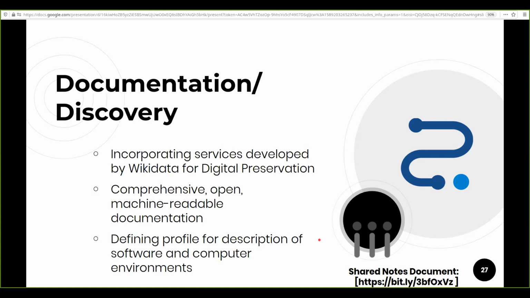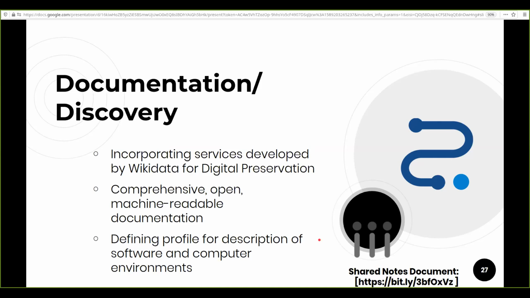Part of the challenge that was discovered is that existing metadata schemas for describing digital objects for preservation did not cover the sorts of things we're talking about here, like the interrelation between software dependencies, the relation between software applications and operating systems, the relations between software and hardware peripherals, just a structured way to describe what a computer is and how it works.